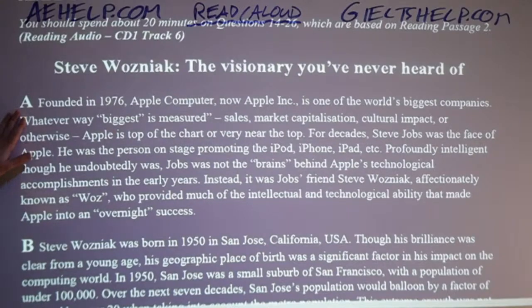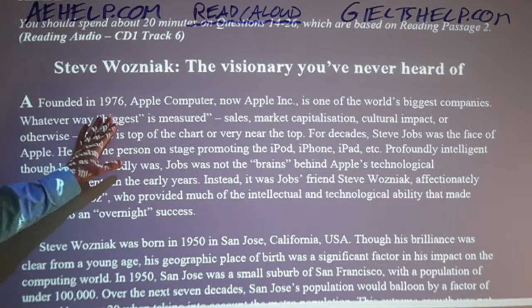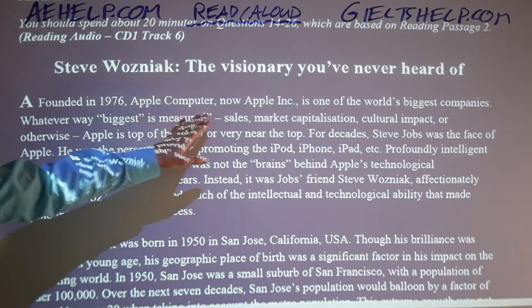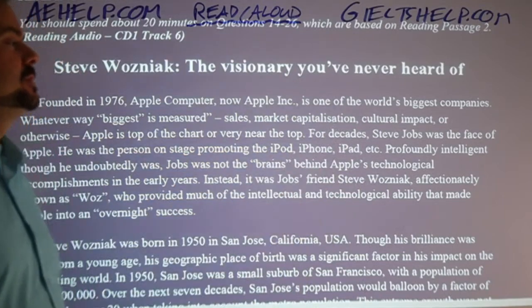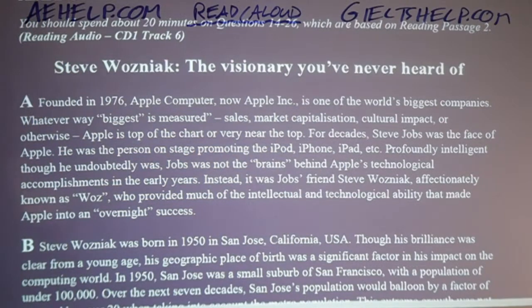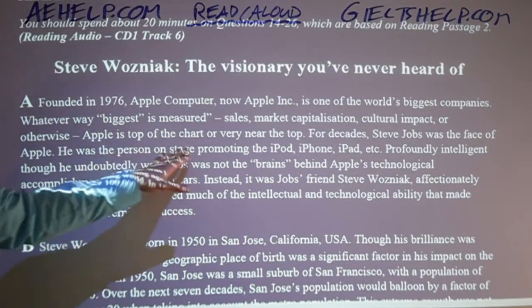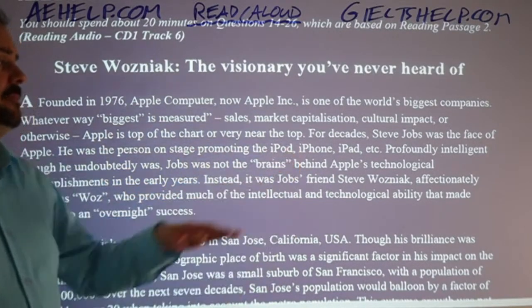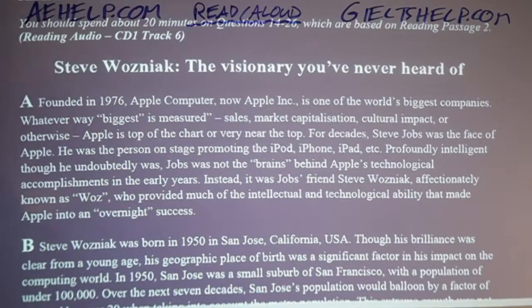Just read with me. So founded in 1976, Apple Computer, now Apple Inc., is one of the world's biggest companies, whatever way biggest is measured: sales, market capitalization, cultural impact, or otherwise. Apple is top of the chart or very near the top. For decades, Steve Jobs was the face of Apple.